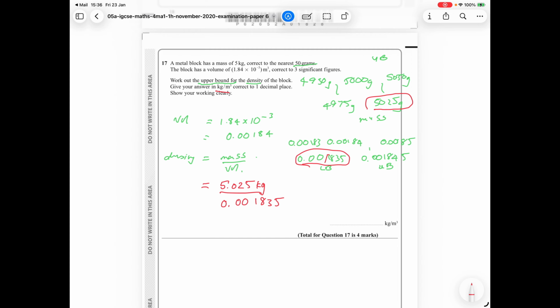And it gives me, oh, it's quite big, but it is metal. So the density equals 2738.4 kilograms per metre cubed. And that's it.